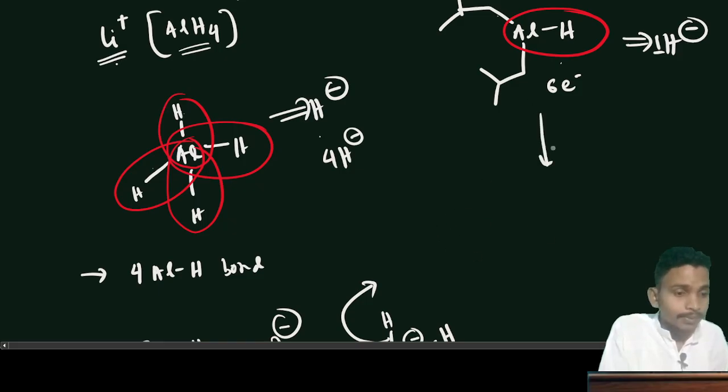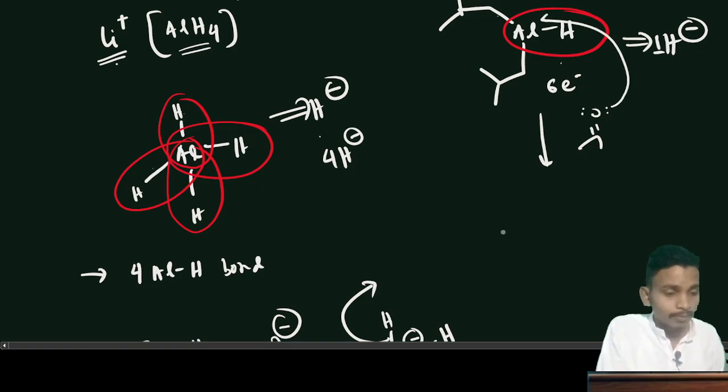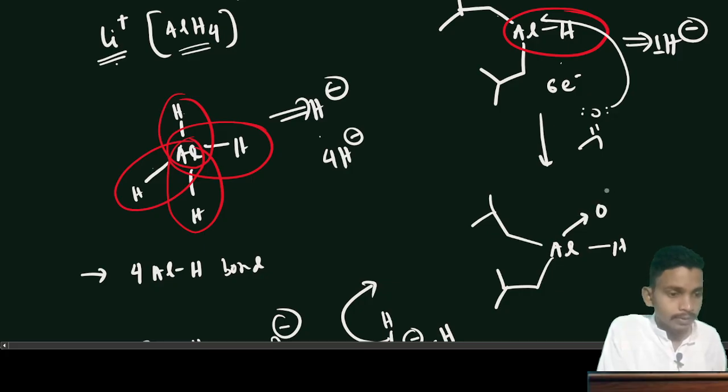Now if it gets another bond, let's say you have a carbonyl group, then this oxygen has a lone pair, and if this oxygen donates it to this aluminum, then oxygen gets the positive charge.